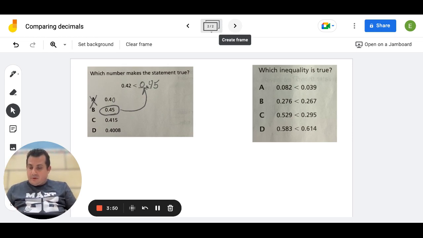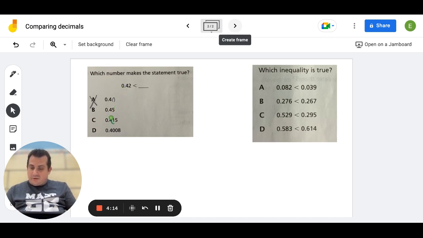All right. So here I have 415 thousandths. Wow, for C. If I put that in, well, I can look at it and see that both have 4 tenths.